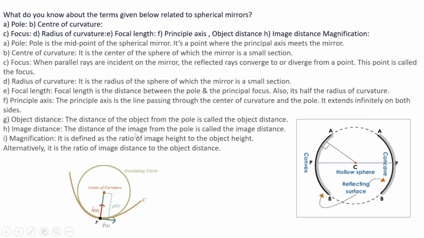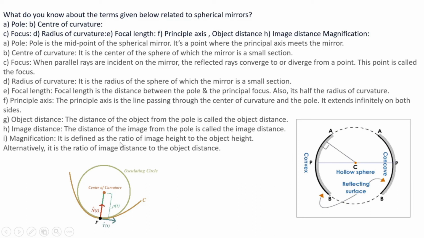The distance of the image from the pole is called the image distance. See, here is the pole. Here we are putting any object, wherever we want to put it, and where it forms the image, the distance of the image from the pole, from P, is measured and calculated.